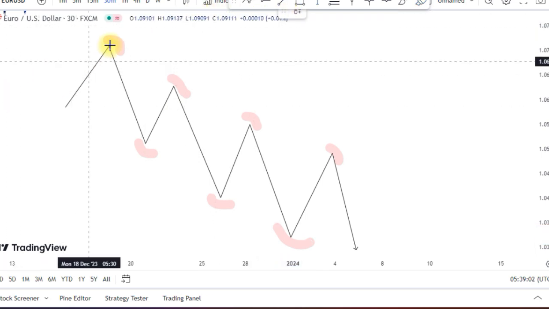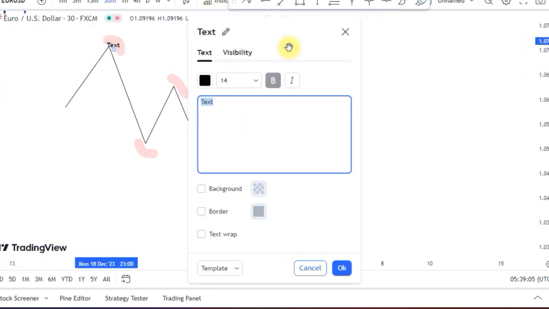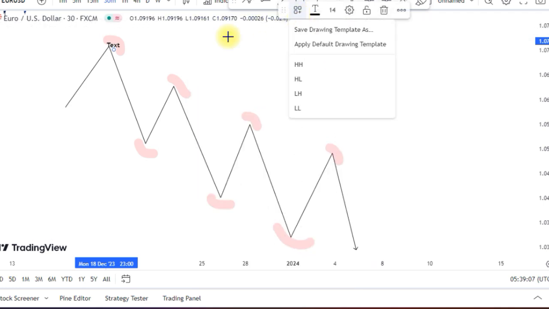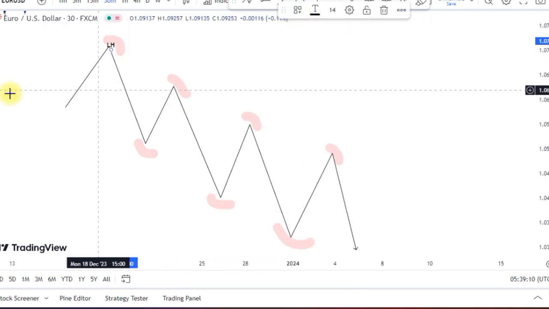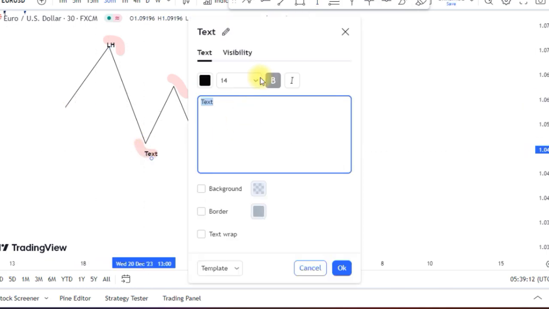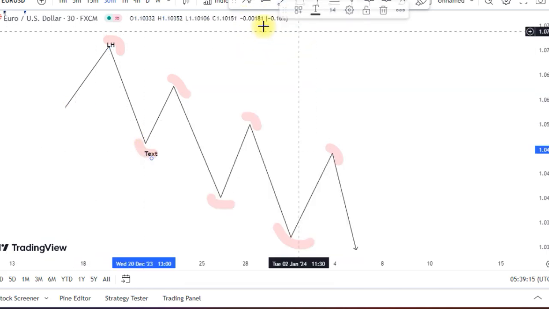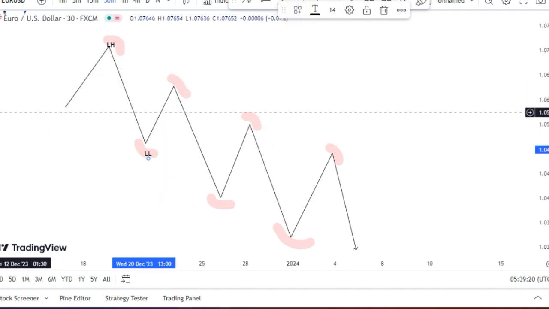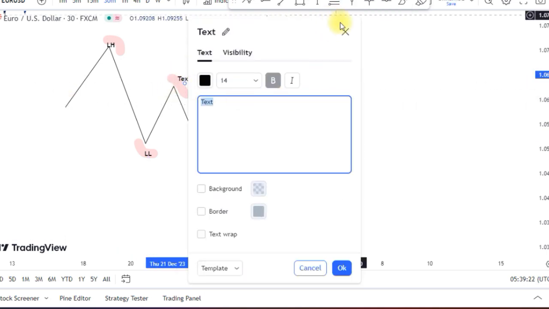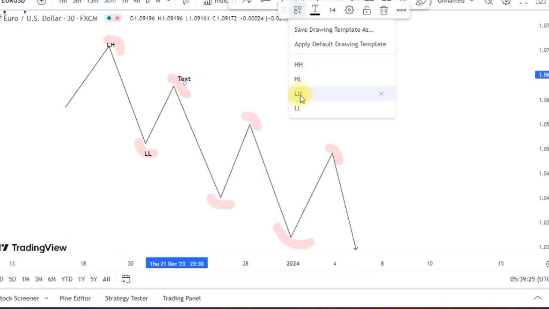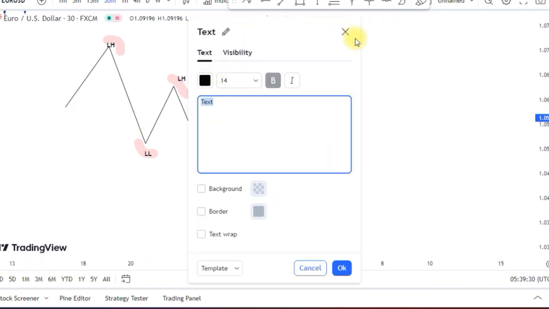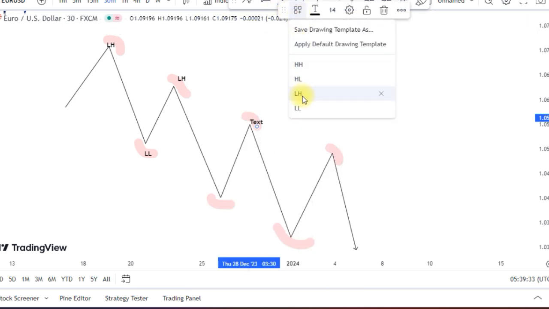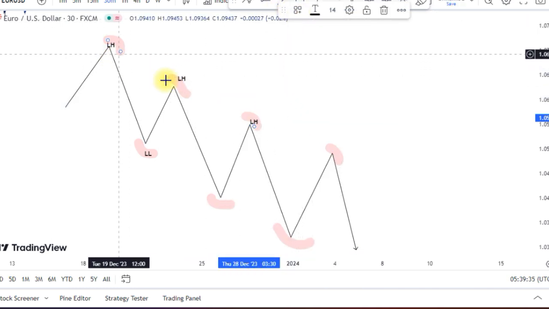So I'm going to go ahead and label this. This over here is a lower high, and also here we got a lower low. That's a lower low, a lower high, a lower high also. So you know that we're in a downward trend when you keep on making lower highs and also lower lows like this.